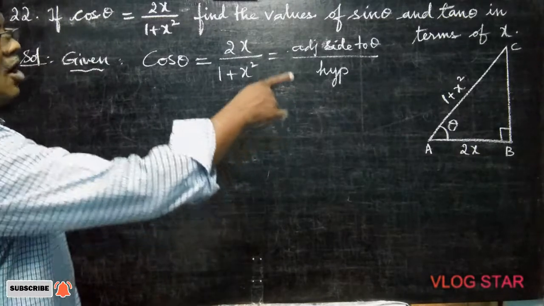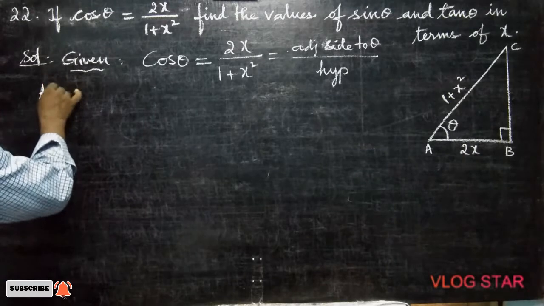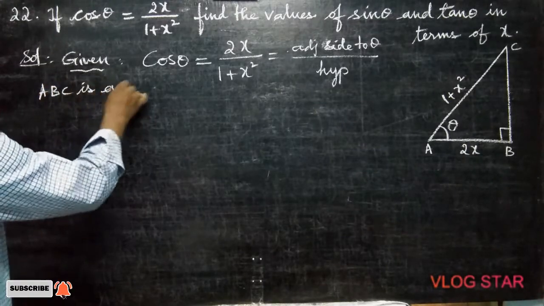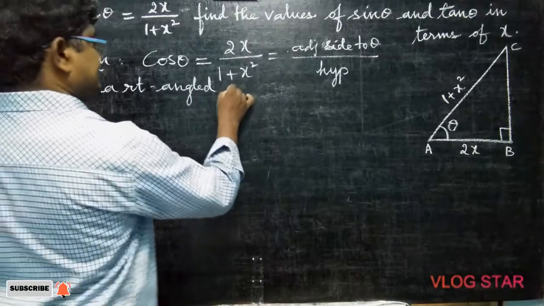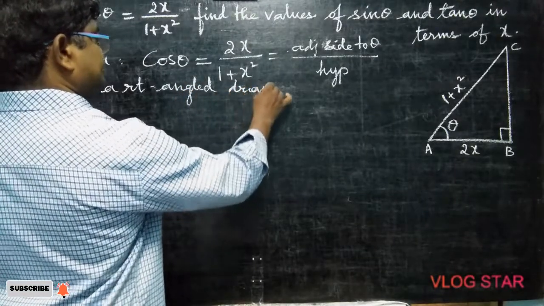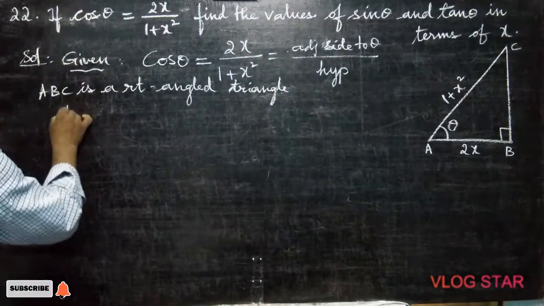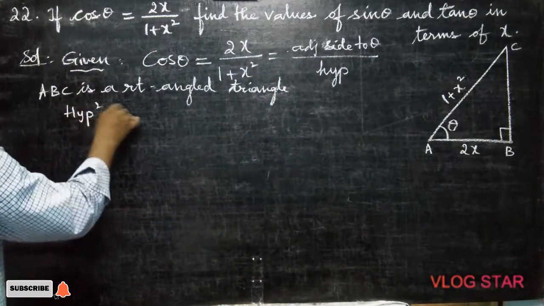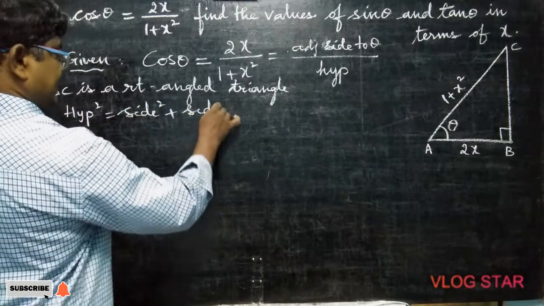Now which is not given? Opposite side is not given. So ABC is a right angled triangle. So what if it is a right angled triangle? Hypotenuse square is equal to side square plus side square.